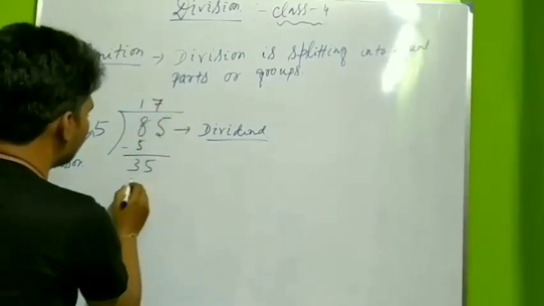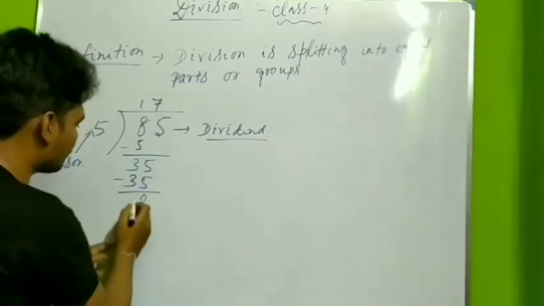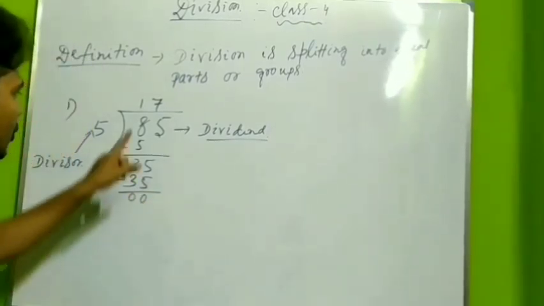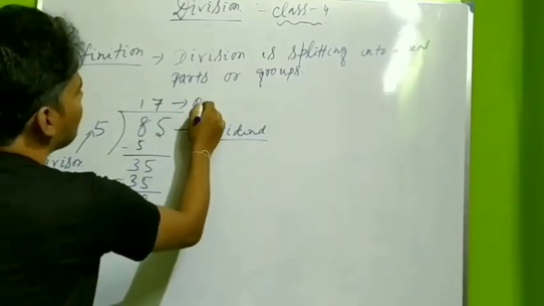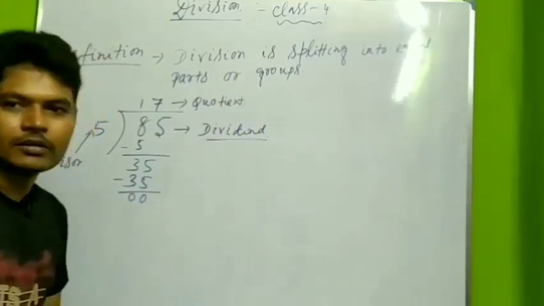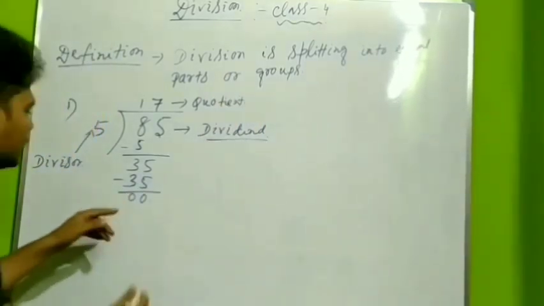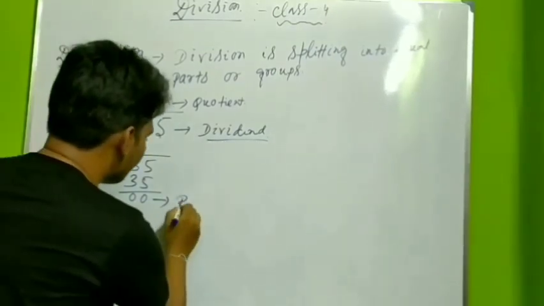So you have to write down 35 here. Okay, so the result we get is called the quotient, and the number which is left at last is called the remainder.